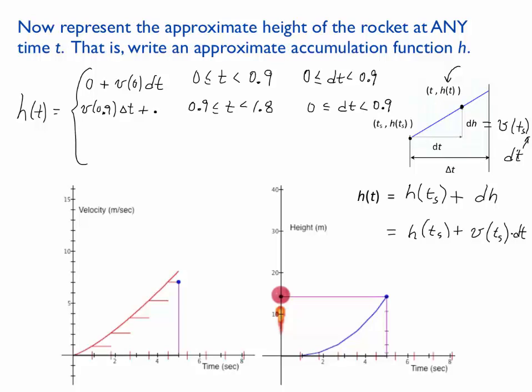So it'd be V of 0 times 0.9, that's all the height accumulated up till that point, plus V of 0.9 times dt.